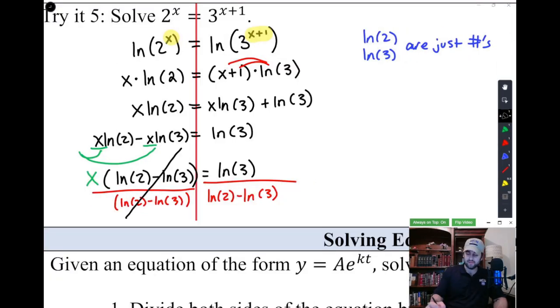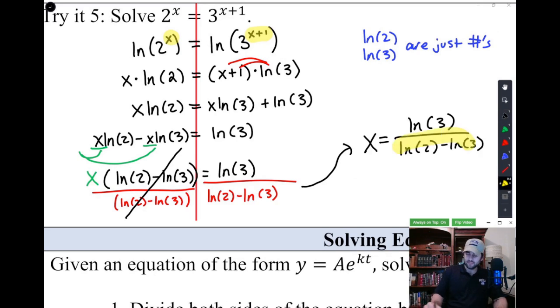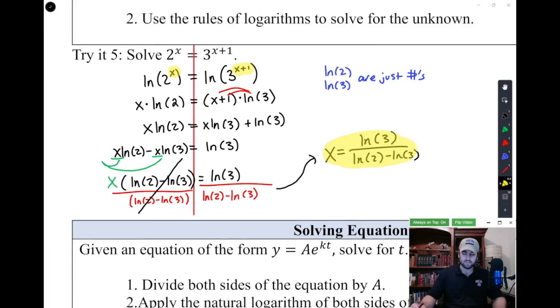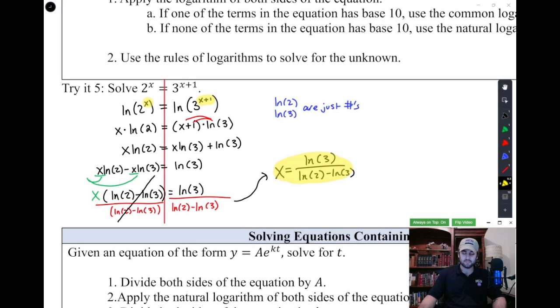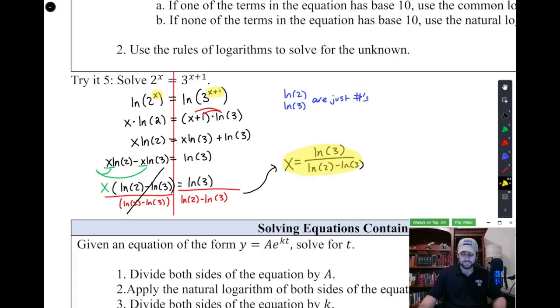It'll cancel out on the left, and we'll be left with x is equal to the ln of 3 divided by the ln of 2 minus the ln of 3. And we're just going to leave it right there. Do we know what the ln of 3 or the ln of 2 is? We don't. And so we're just going to leave them alone and not try too hard to get a decimal that we don't know.